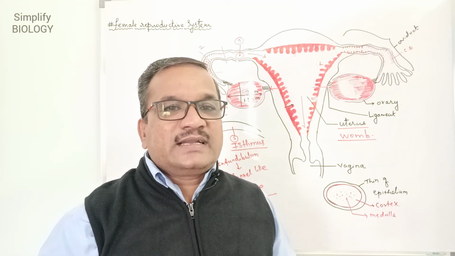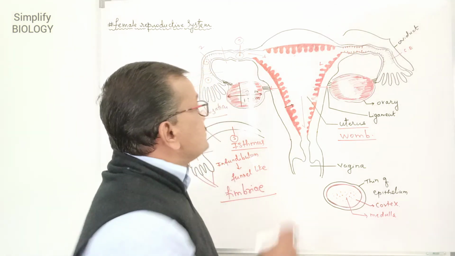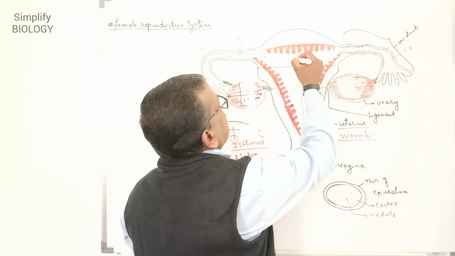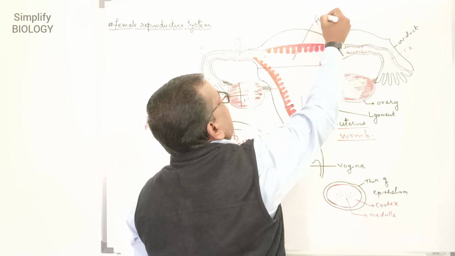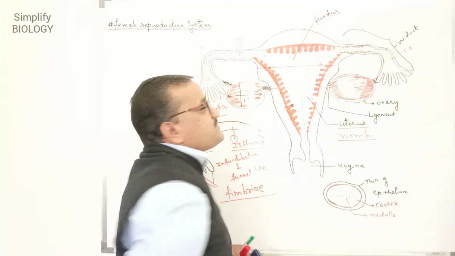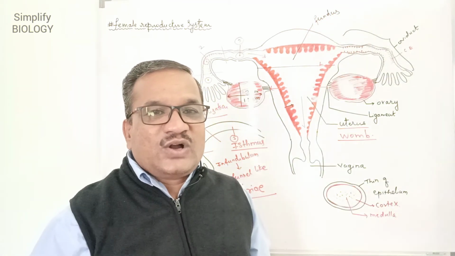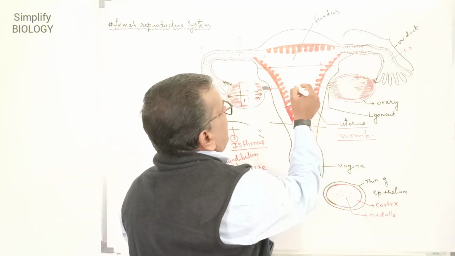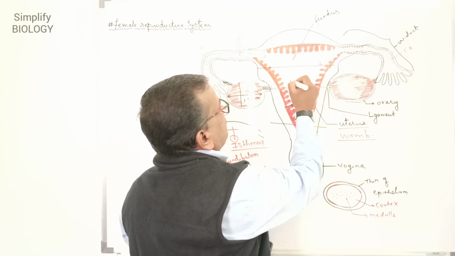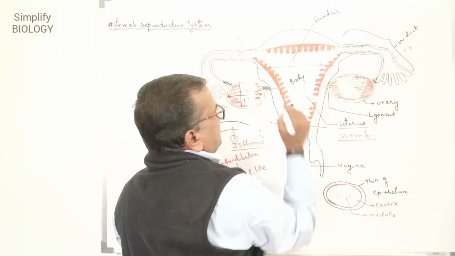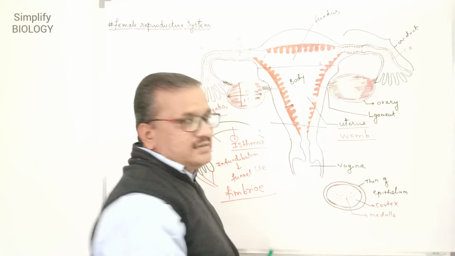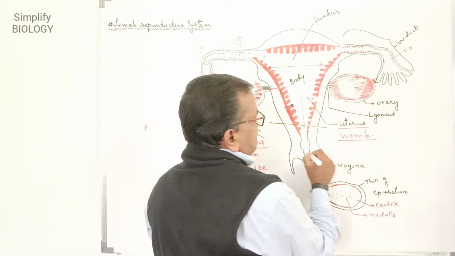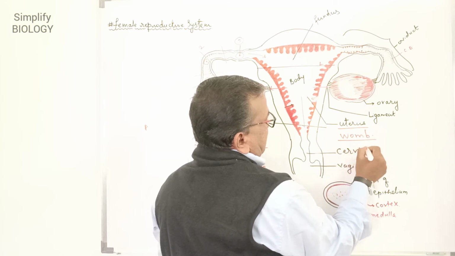The first part, this upper part, is called the fundus. The next part is called the body. The third part is called the cervix.